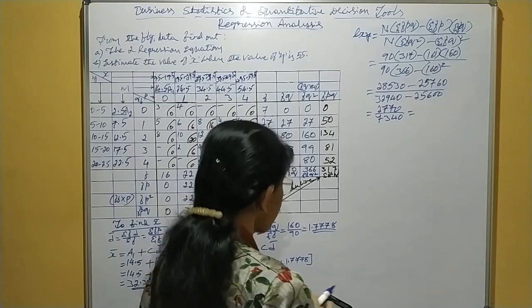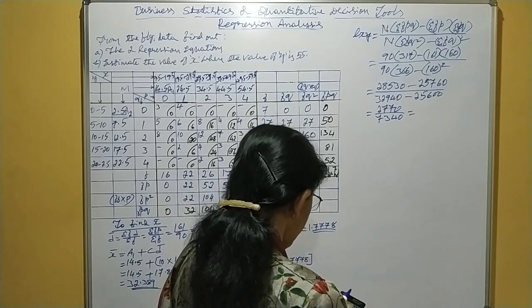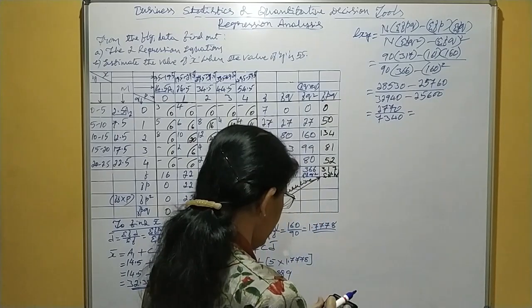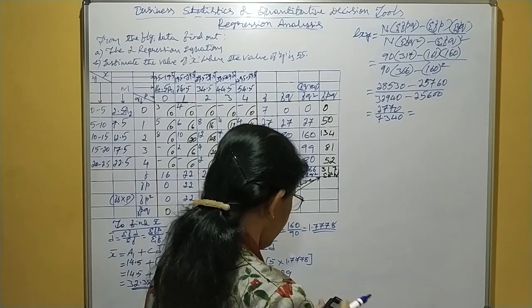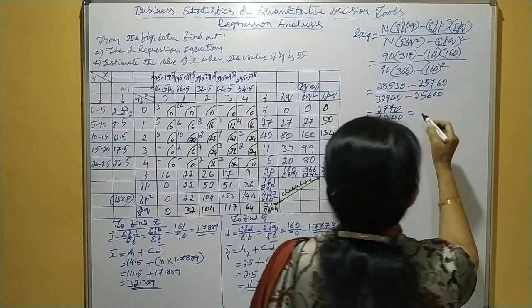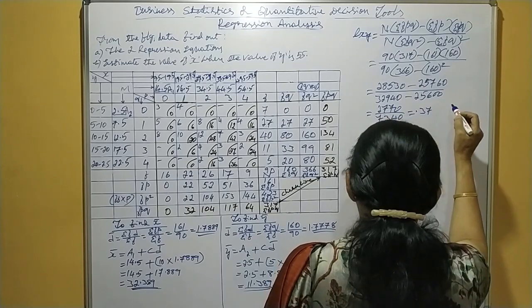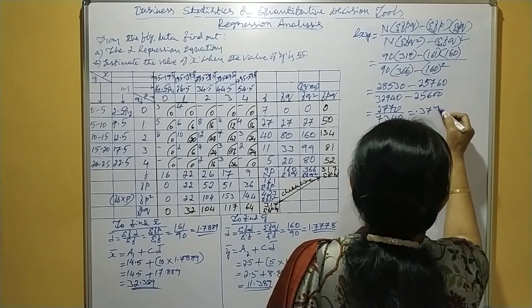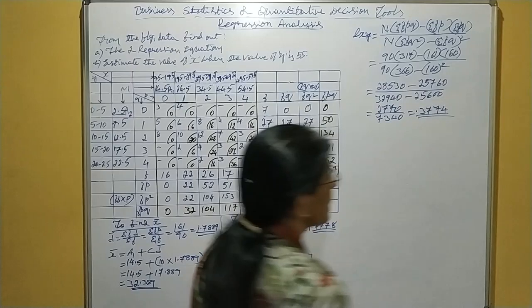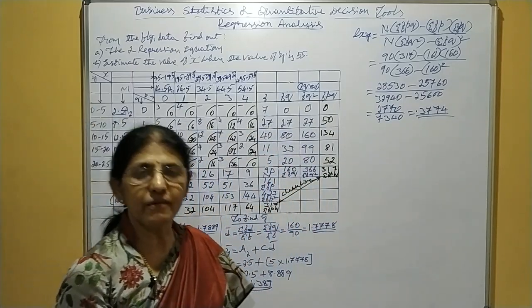Now 2,770 divided by 7,340, it is 0.3774. This is the regression coefficient of x on y.